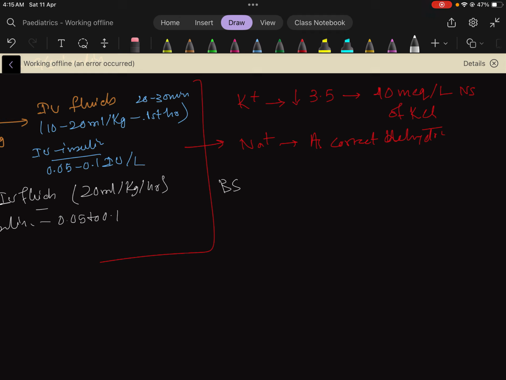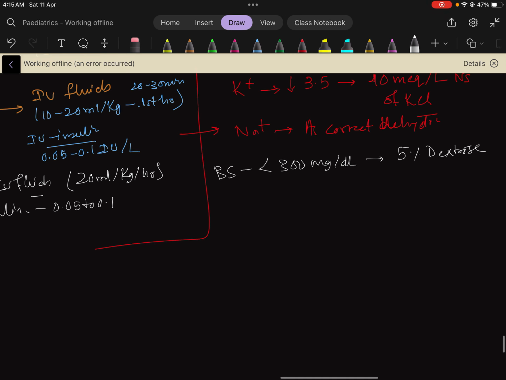When the blood sugar becomes less than 300 milligram per deciliter, we need to add 5% dextrose to prevent hypoglycemia due to the action of insulin going on.